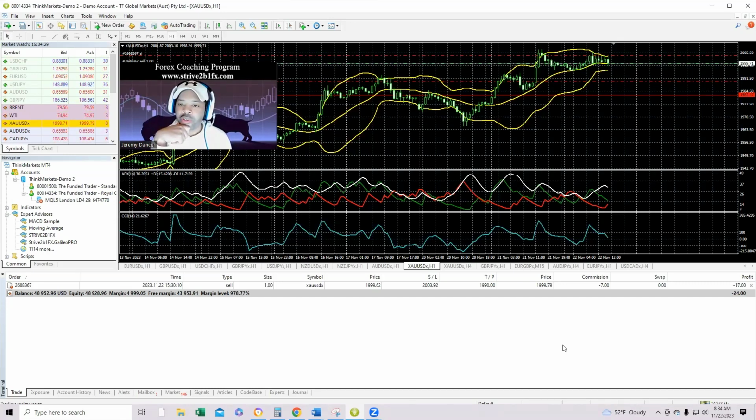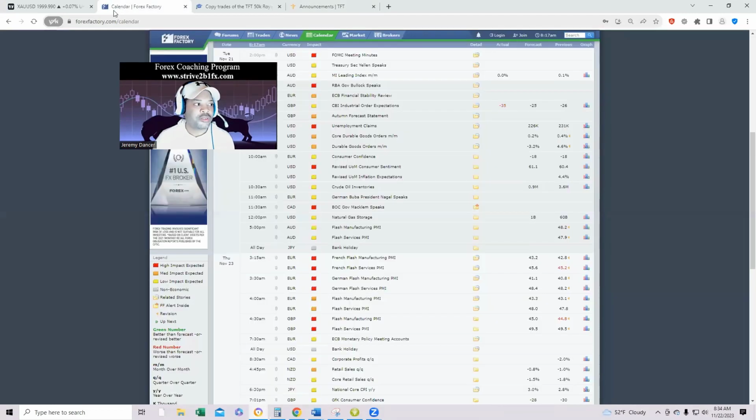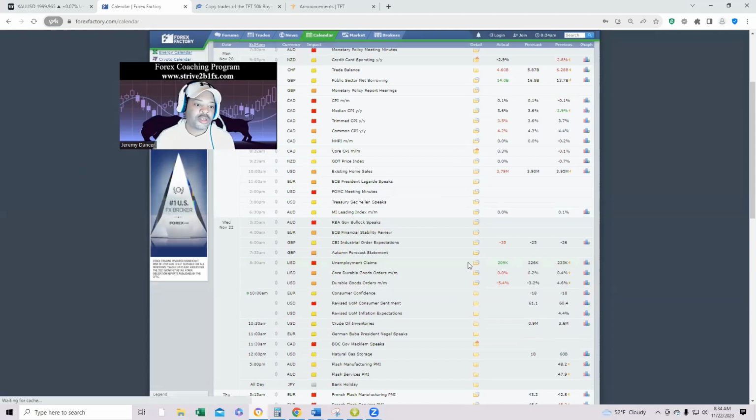Ideally, our target should be reached within the first 15 minutes of the news release. But let's actually look and see if it was actually good news or not on the US dollar. Okay, so it was good. Unemployment claims came in lower than expected, which is why we have this green number. So in theory, we should see a nice jump on the US dollar.